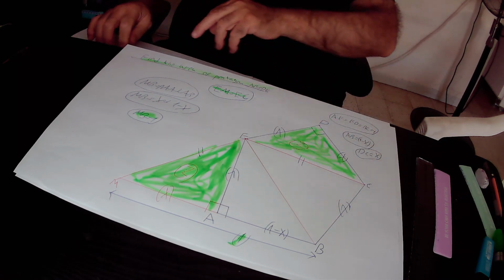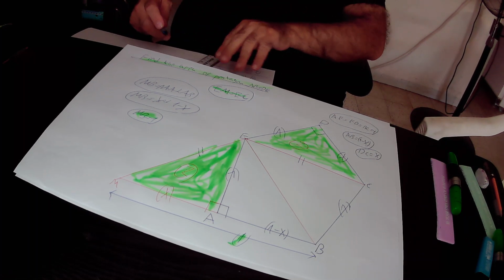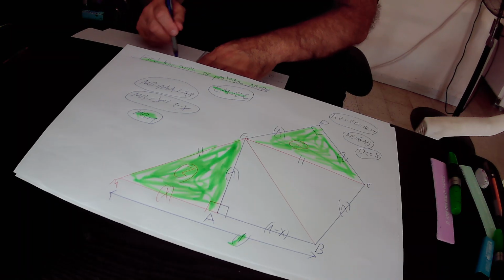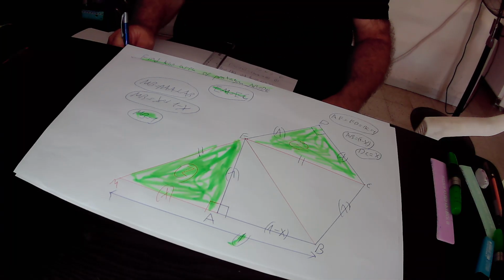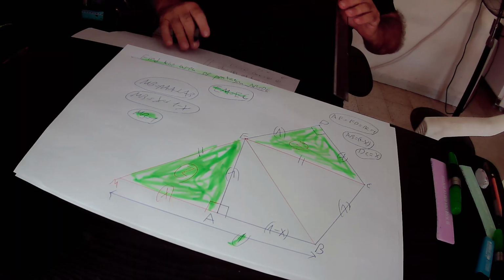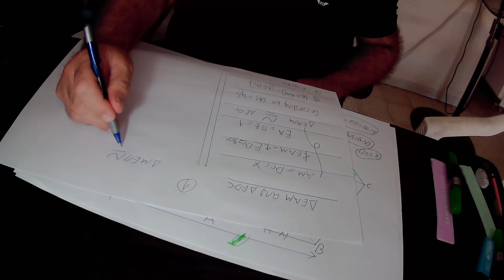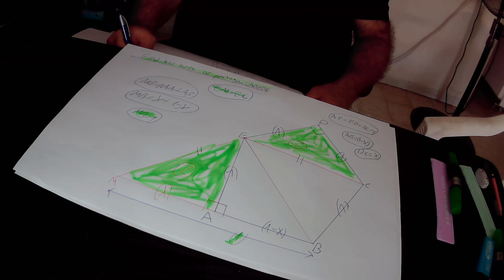So we have to prove that triangle MEB is congruent, this is the sign of congruent, to triangle EBC according to side, side, side rule.